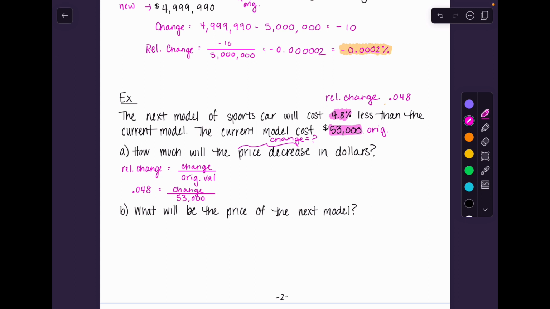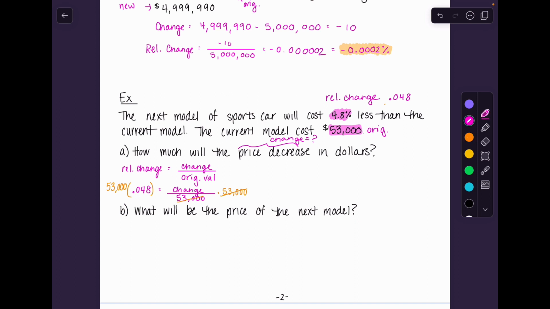And our original value is 53,000. So we haven't quite yet talked about solving equations. But the idea is here, I want to get this change by itself. And since I'm dividing by 53,000, what I'm going to do is multiply both sides by 53,000 to get rid of it, because that will cancel each of these out.